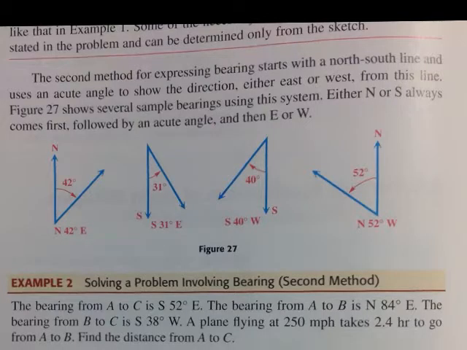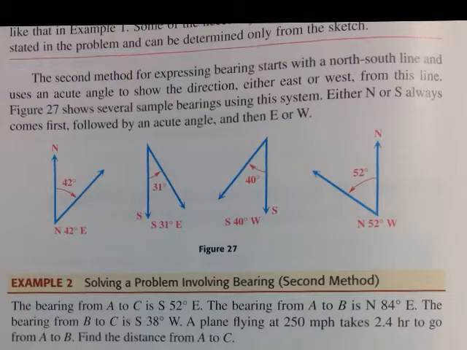So here's our north, south, east, west line. In order to get 42 degrees here, I had to be on the north line, not the south line. The south line would be below the line, but the north line.